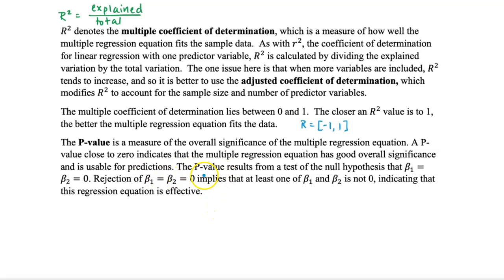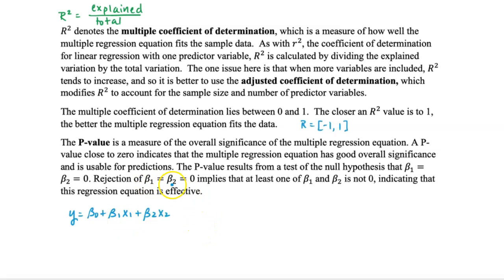And this p-value is going to come from a test of the null hypothesis that beta 1 is equal to beta 2, which is equal to 0. So we have this equation, and this equation for the population might look like y is equal to beta naught plus beta 1 x1 plus beta 2 x2. Let's just say I've got two predictor variables.